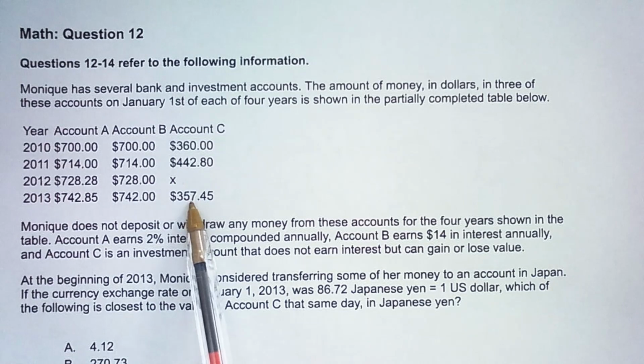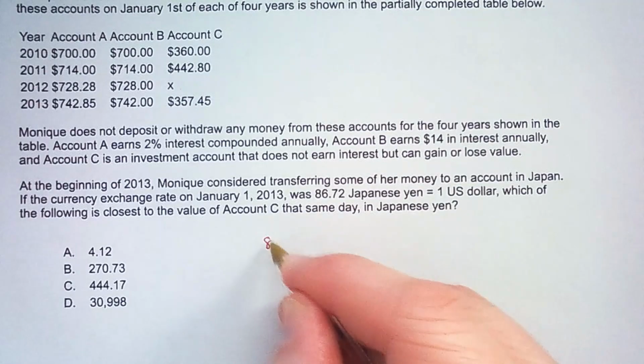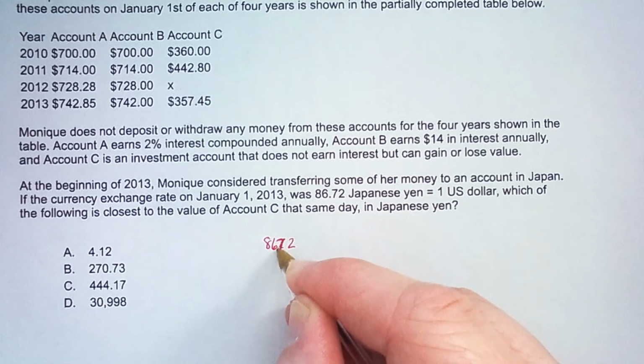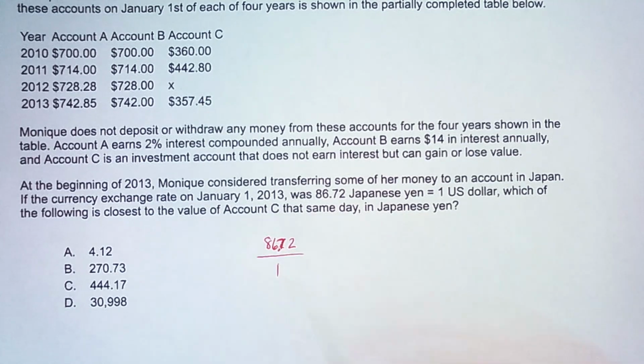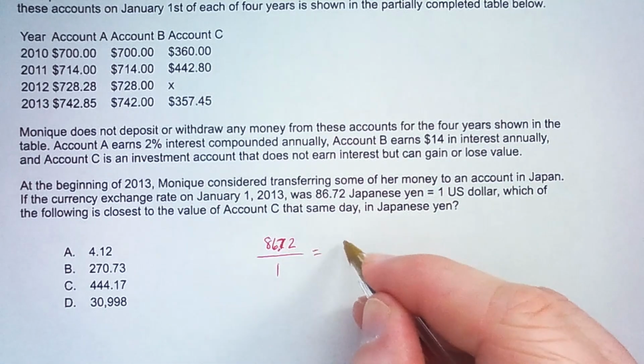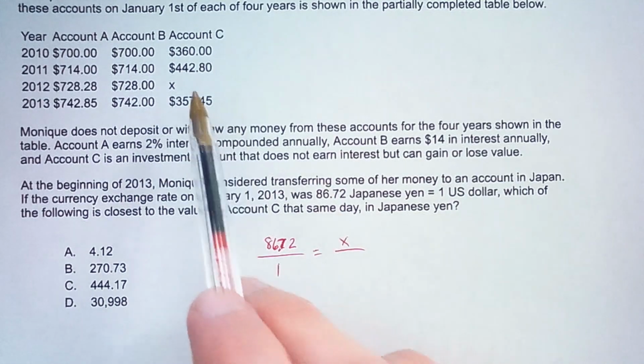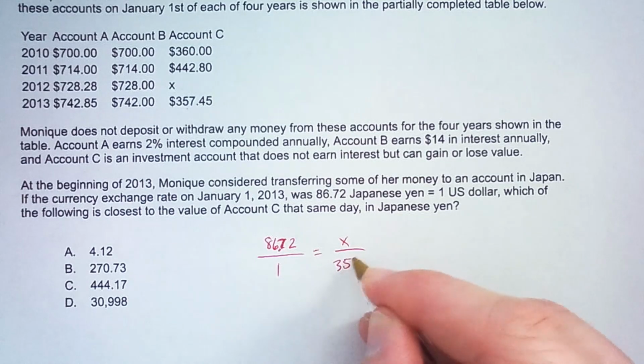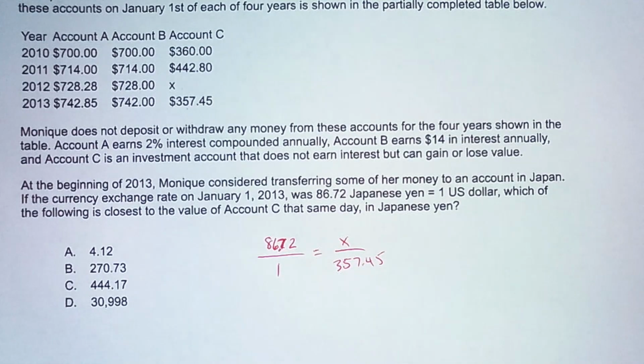Okay, so if Monique is going to convert account C on January 1st, 2013 to yen, how many yen will she receive? On that day, we'll write a proportion here: 86.72 Japanese yen is to $1 as how many yen is to $357.45.